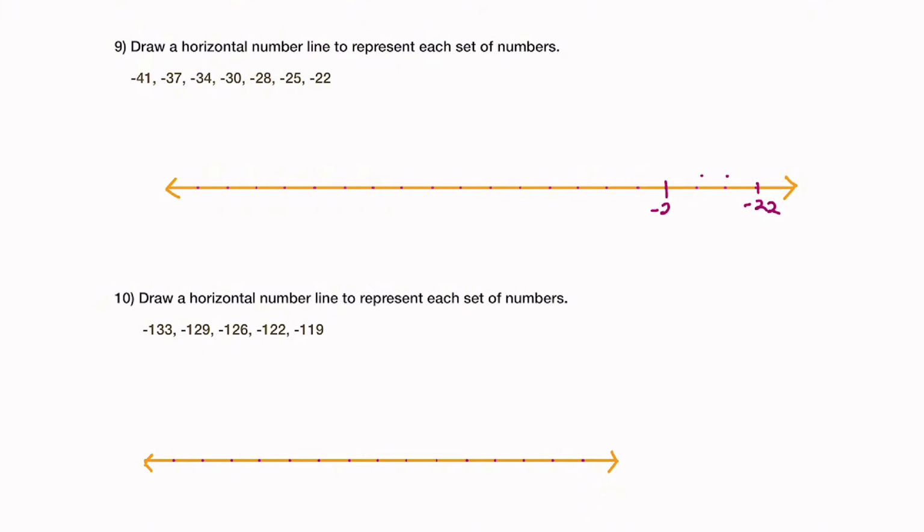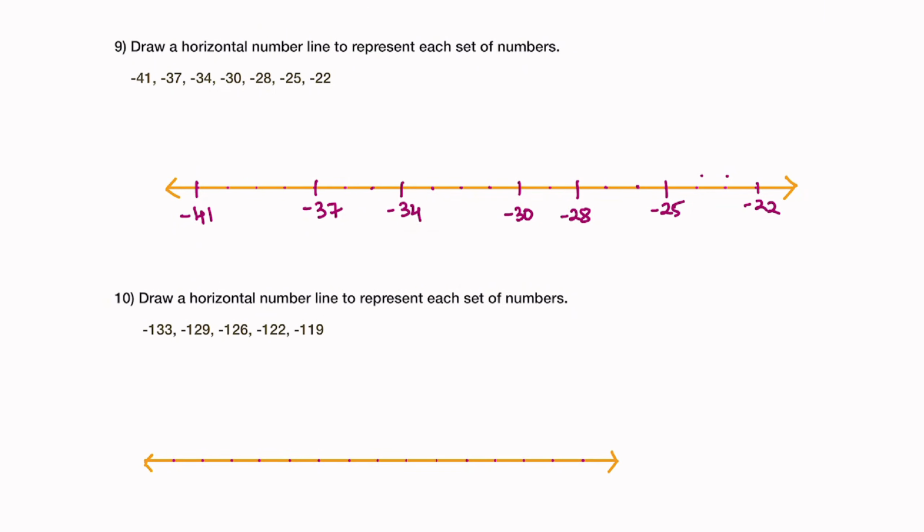So that's minus 25, 26, 27, 28. So I'm marking the ones that we are asked to, right? So that's minus 30, 31, 32, 33. That's minus 34, 35, 36, 37. So that's minus 37, 38, 39, 40, and 41. So that's minus 41. And it's done.